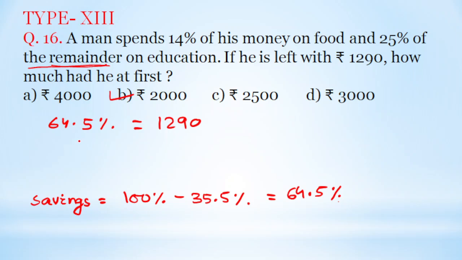This implies 1% is equal to 1290 divided by 64.5.